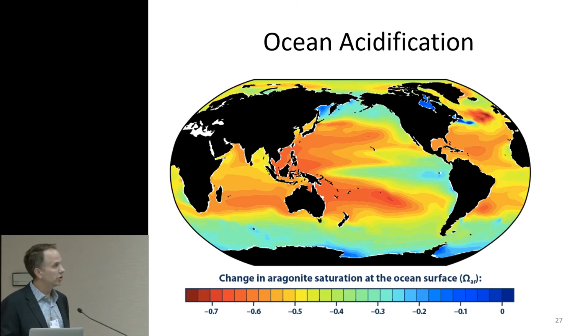And this just shows the change in aragonite saturation, which is a way of measuring the likelihood of dissolution of aragonite or precipitation of aragonite. Dissolution meaning, is aragonite or calcium carbonate not going to be present, or is it going to be present? And the trend is what's important here, which is the red areas show that that's decreasing. And so higher red means it tends to favor dissolution of the calcium carbonate.